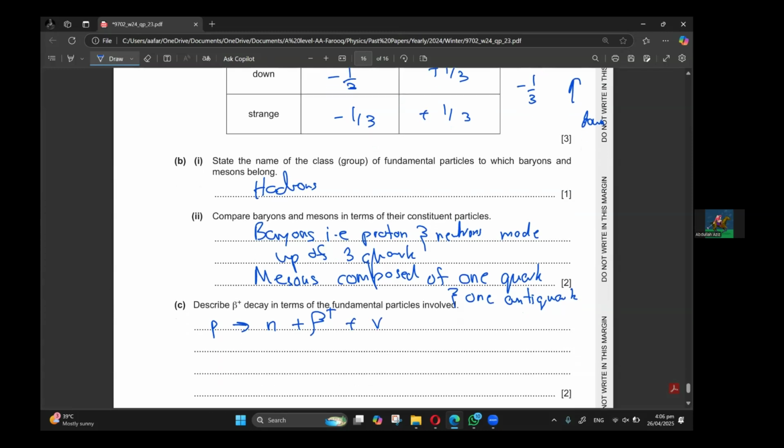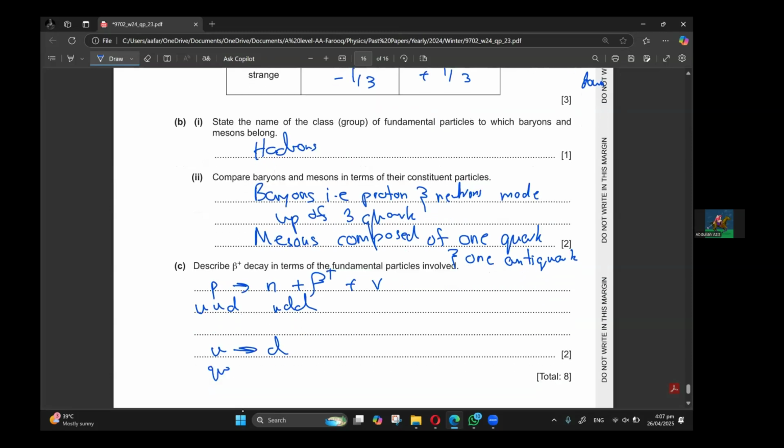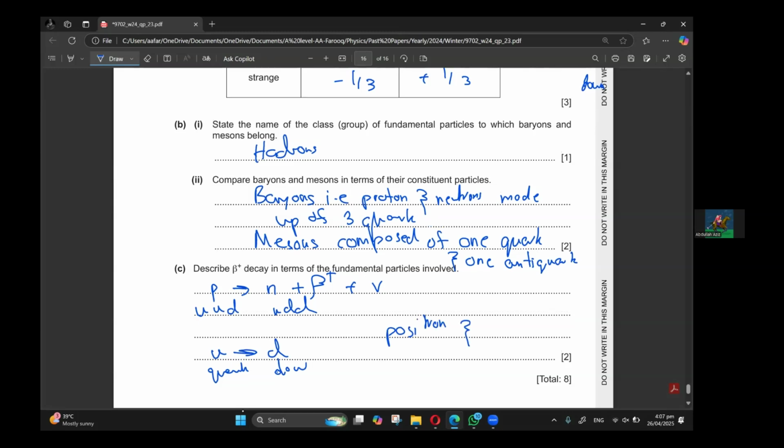A proton is composed of up, up, down, and a neutron is composed of up, down, down. So an up quark changes to a down quark. That's basically what you need to write. And a positron and neutrino are emitted.